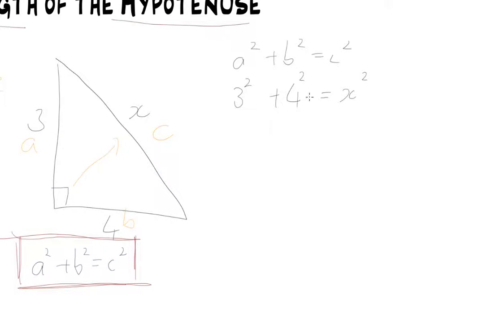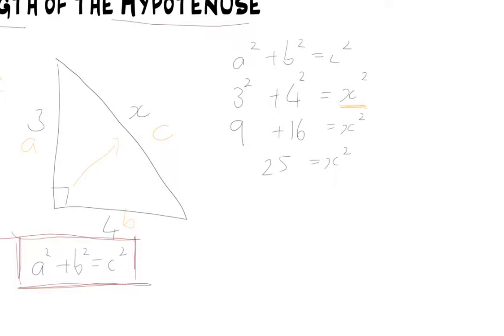So 3 squared plus 4 squared is going to get us x squared. We can't do a whole bunch with the x squared right now. We will square root soon to cancel that squared off, but we're going to work with this side first. 3 squared is 3 times 3, which is 9. 4 squared is 4 times 4, which is 16. That's still equal to x squared, which has not changed at this point. 9 plus 16 is 25.